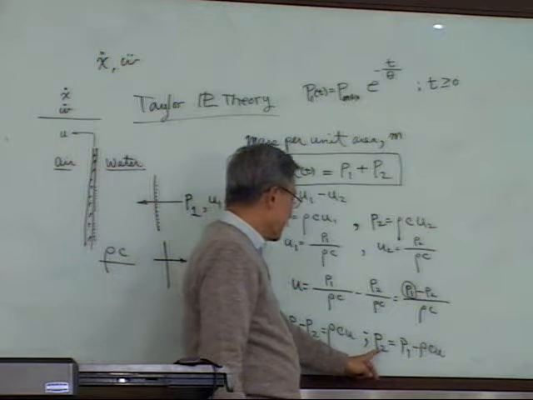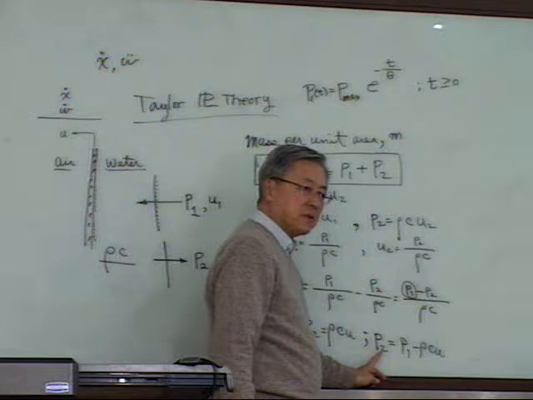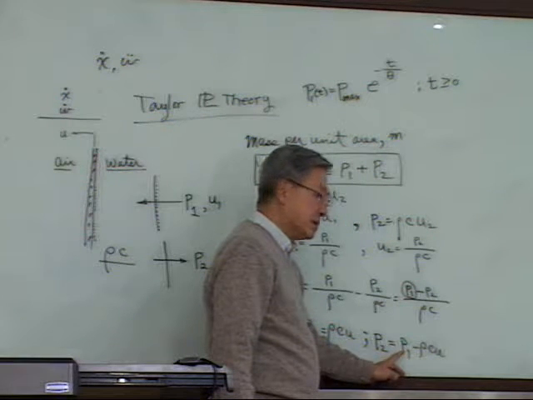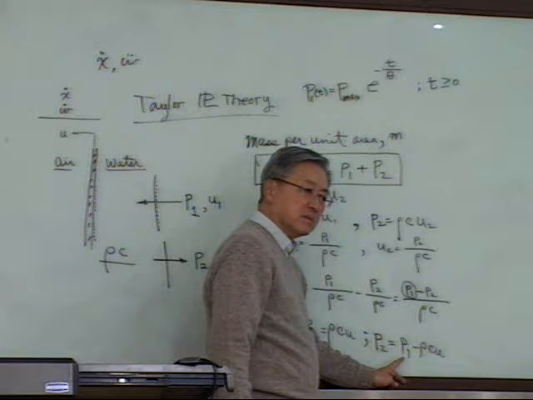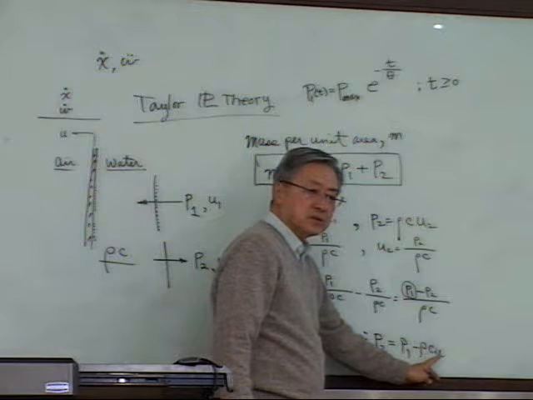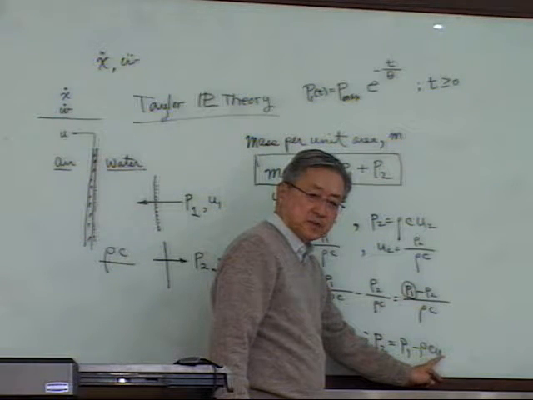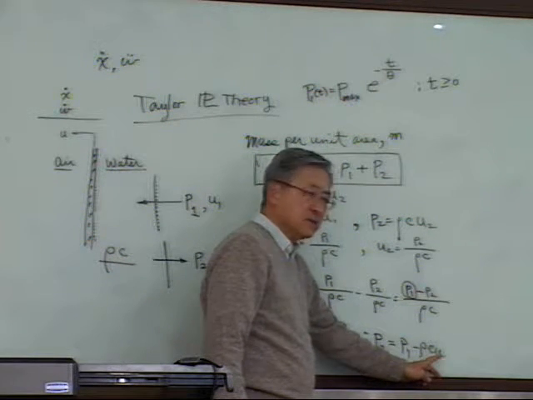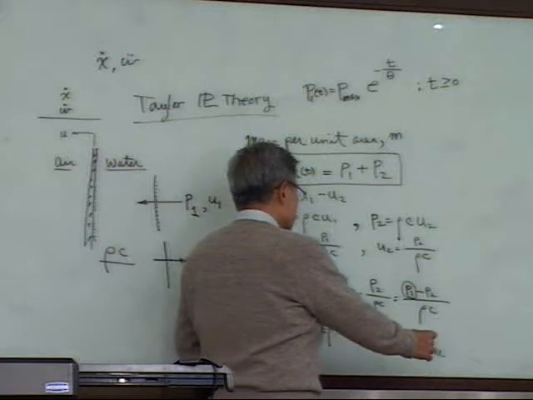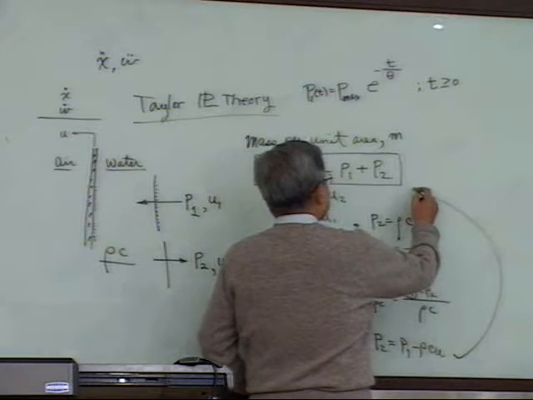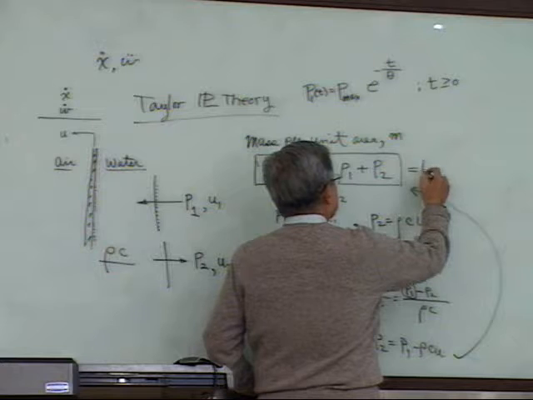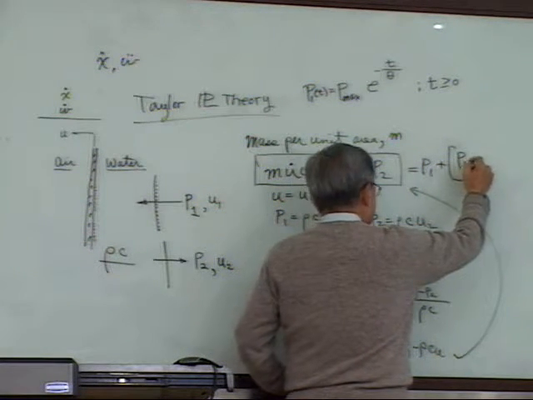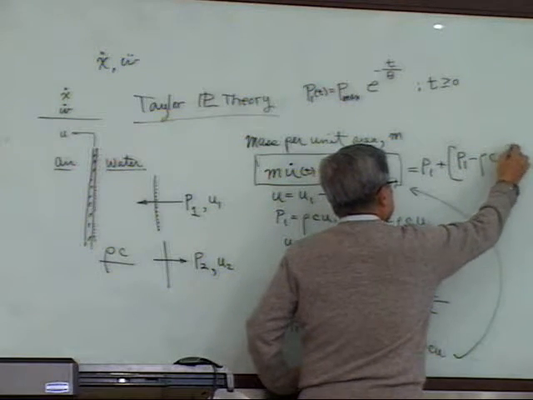We express the P2 reflection wave pressure as P1, known pressure, and U, unknown velocity, U is the velocity of the plate. So if you plug this right into here, this is equal to P1 plus P1 minus rho C U.